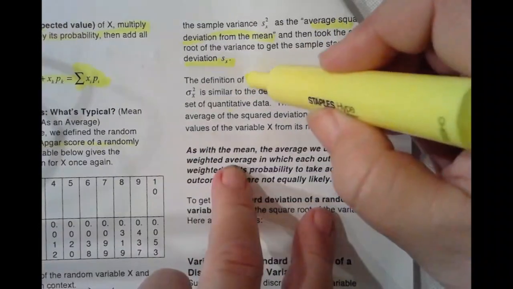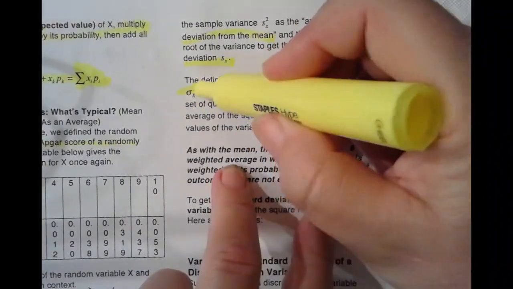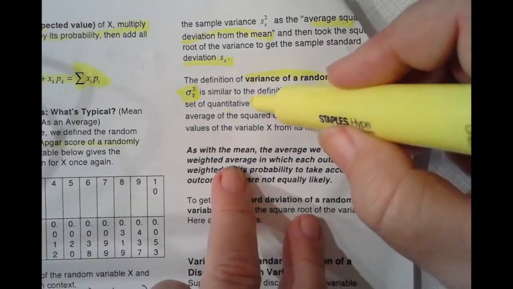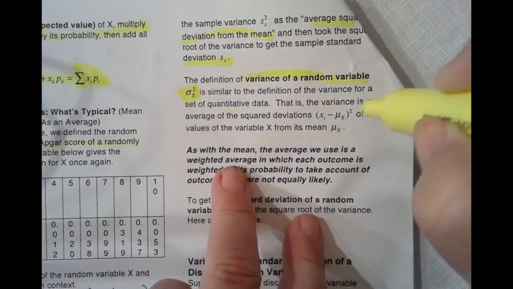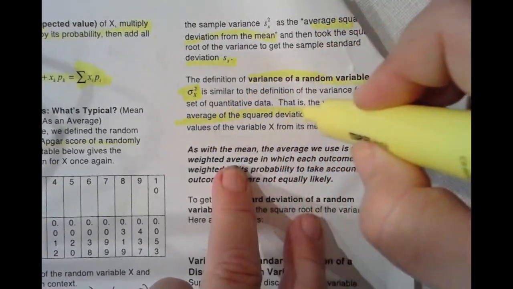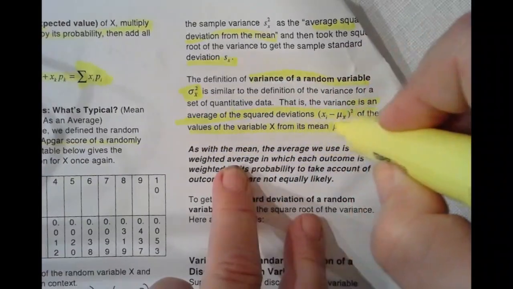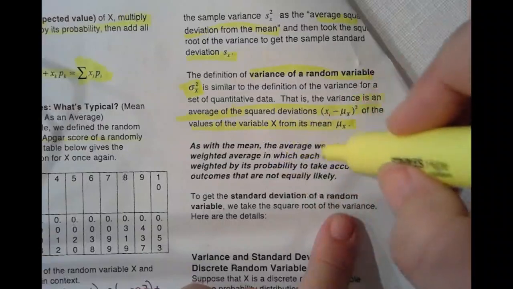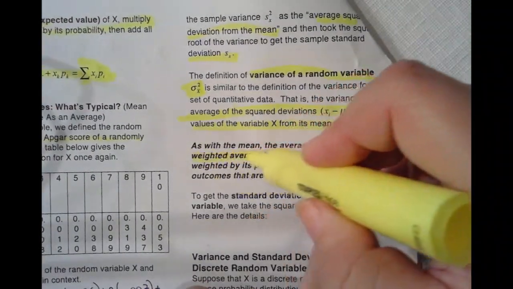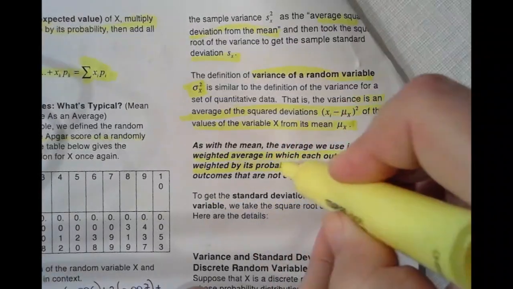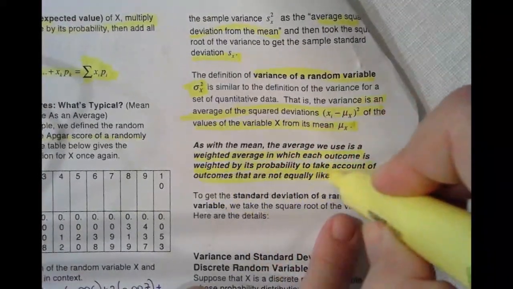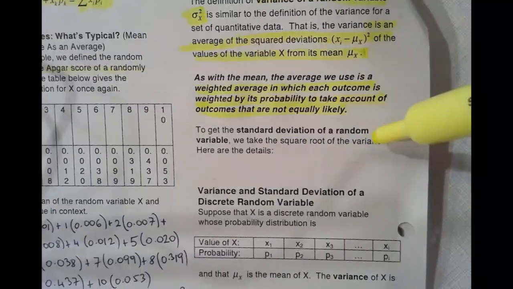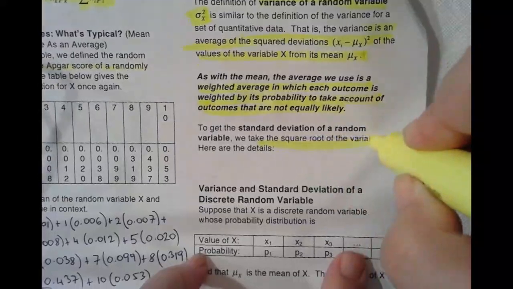So the definition of the variance of a random variable, sigma squared, is similar to the definition of the variance for a set of quantitative data. That is, the variance is an average of the squared deviations of the values of x from its mean, mu. As with the mean, the average we use is a weighted average in which each outcome is weighted by its probability to take account of outcomes that are not equally likely. That's important.